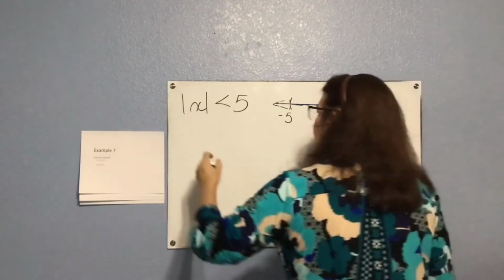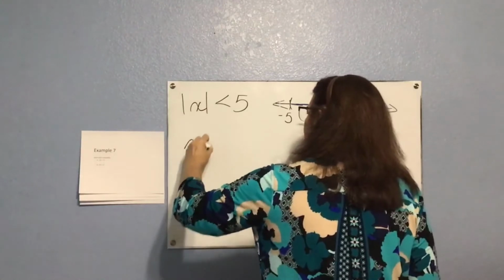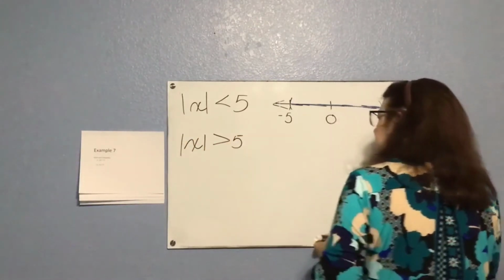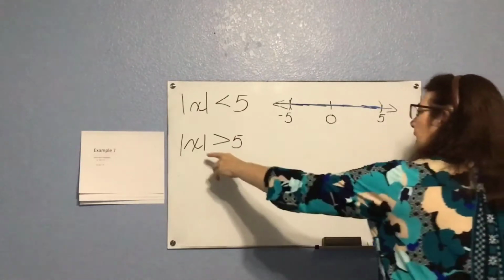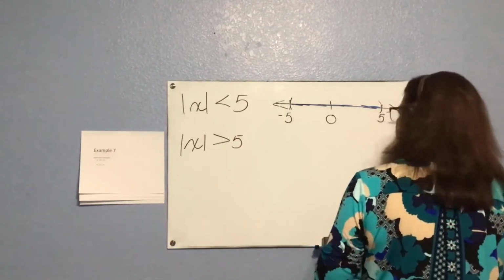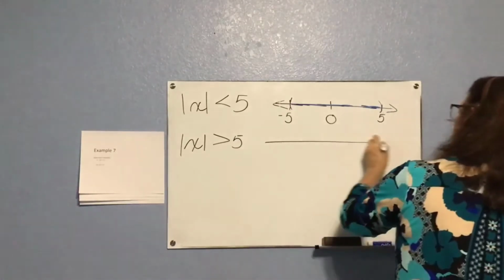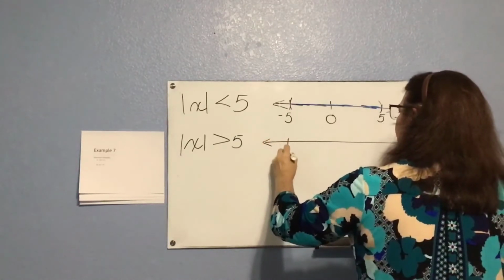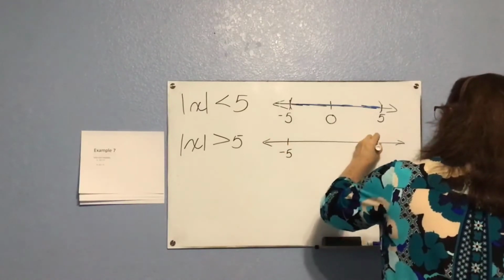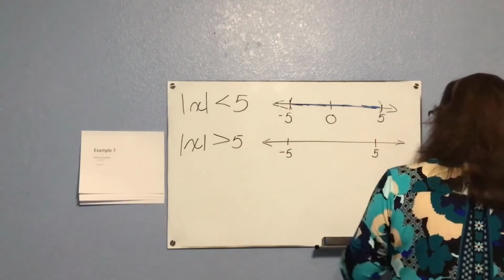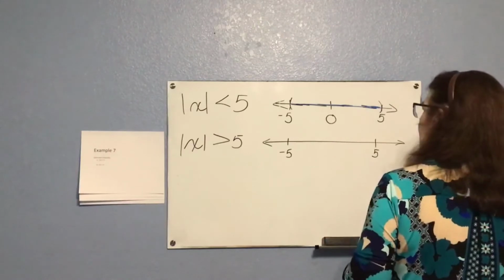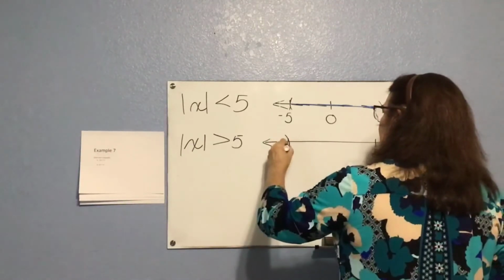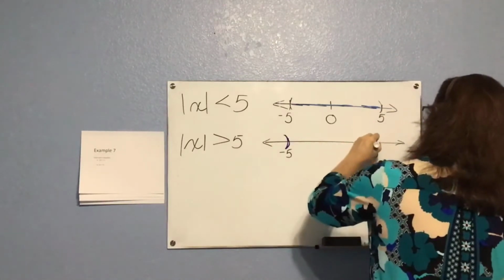On the other hand, if I say that the absolute value of x is greater than 5, that means that the distance has to be more than 5. So again, when I draw my number line, I'm still going to mark negative 5 and positive 5. But this time, the parentheses are going to face the other way.